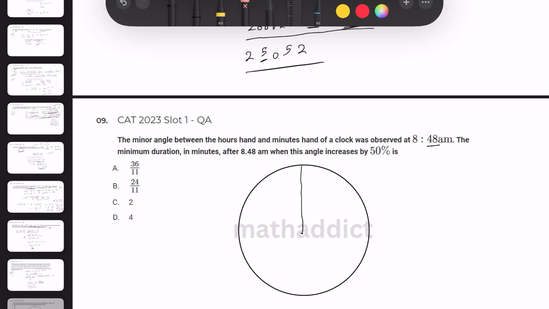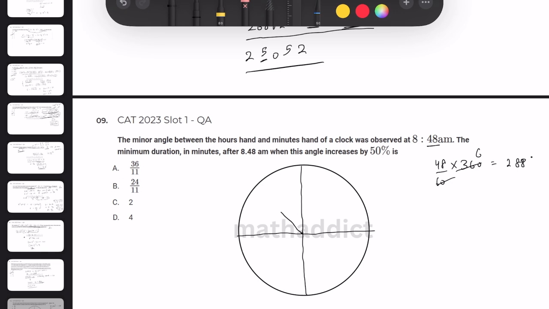This is 12 o'clock, 3 o'clock, 6 and 9. 48 minutes is 48 upon 60, which is 288 degrees.